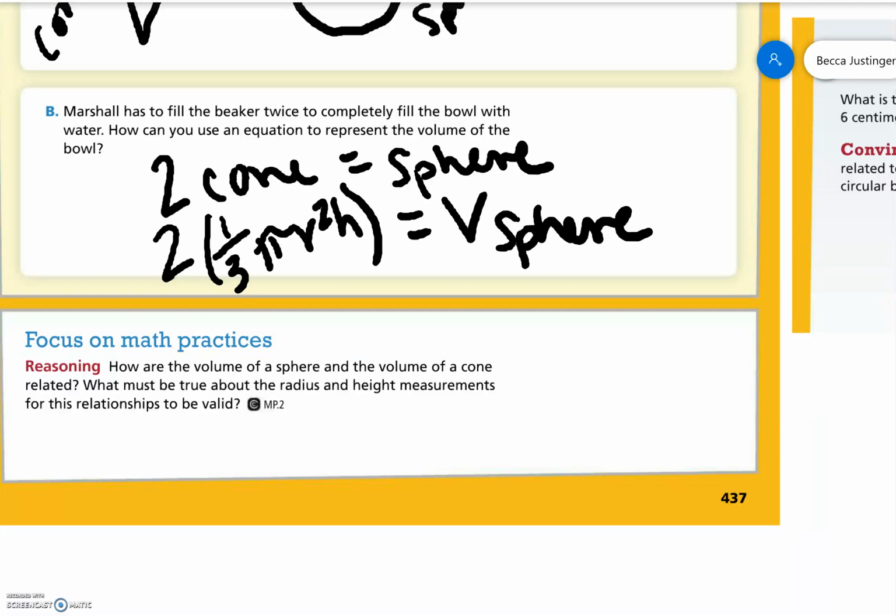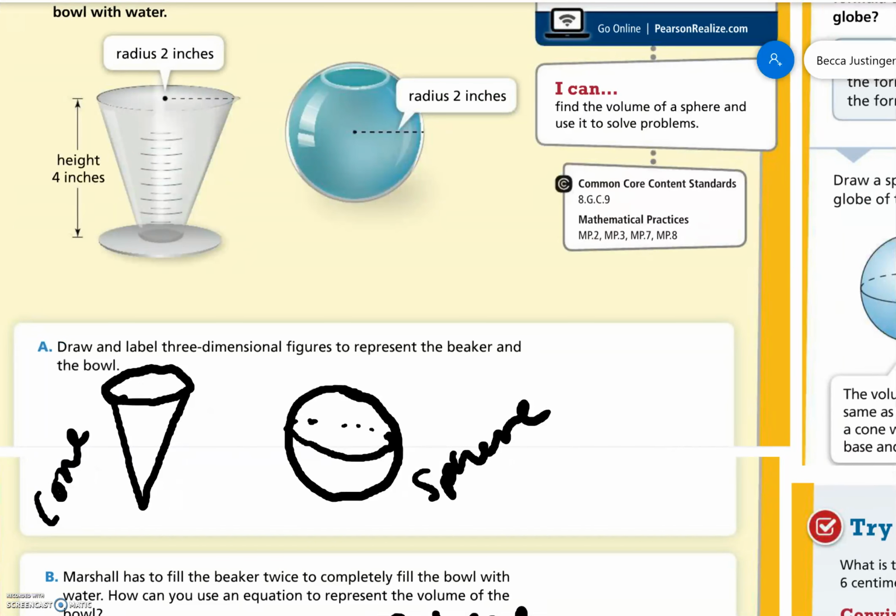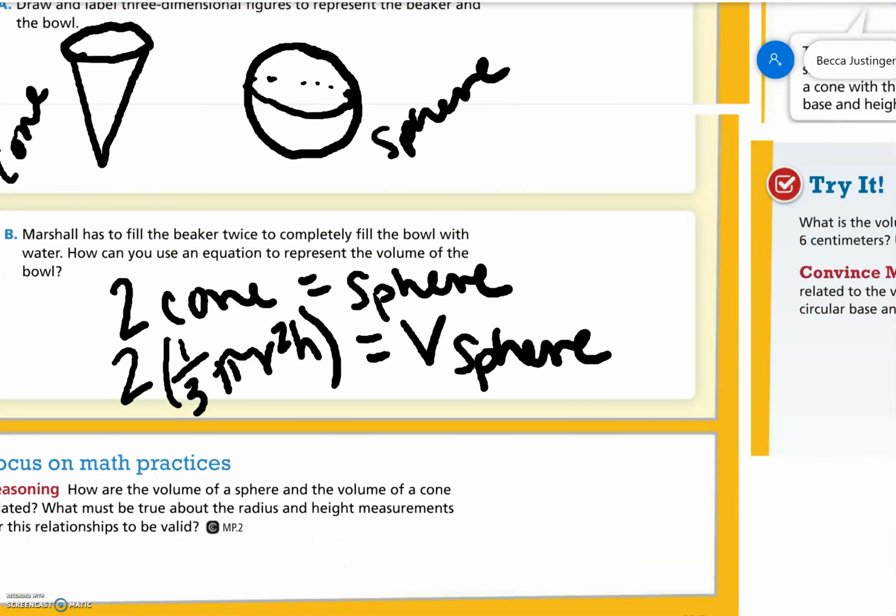And the height, actually, if you think about the height of the cone, the height of the cone is the same height as this, but it's 2 radius. So radius, radius. So if we take the height and instead of using h, we could plug in 2r.